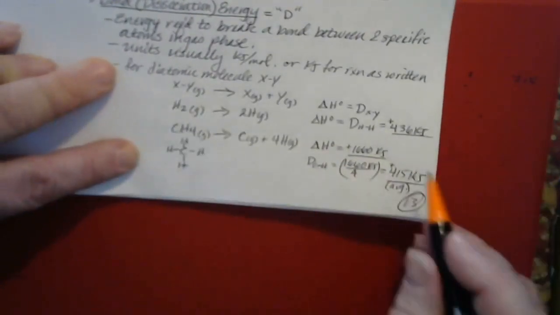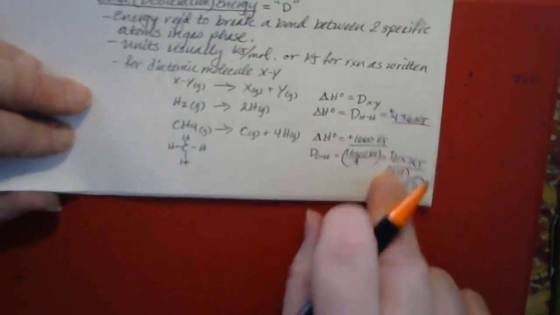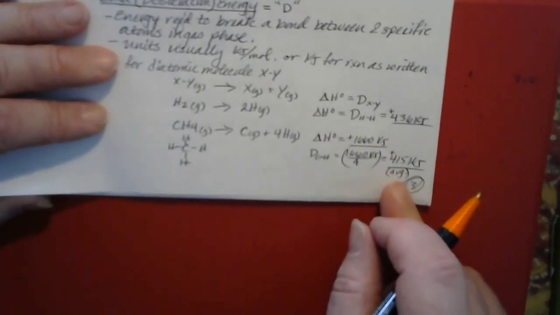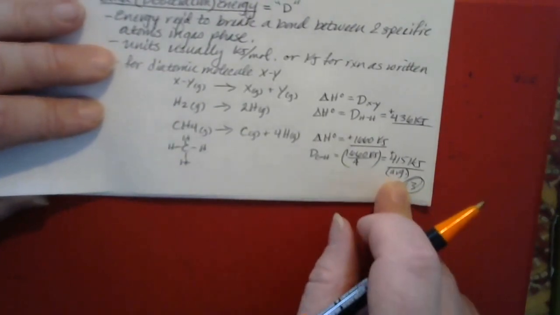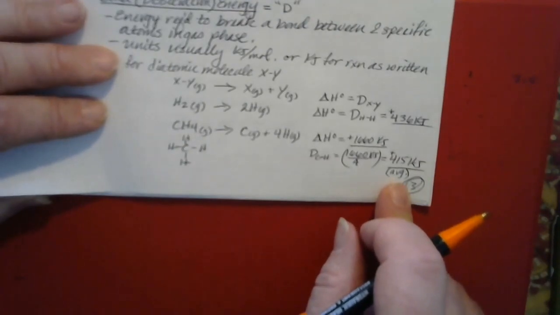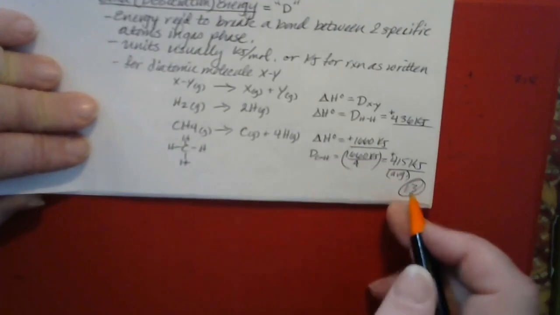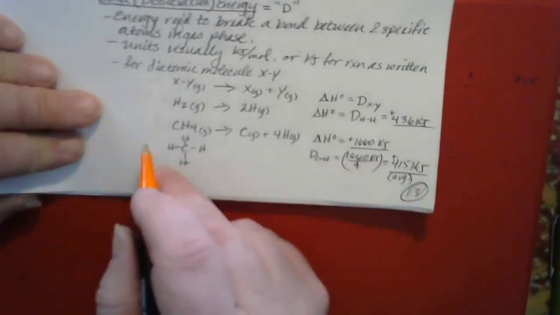And so the values that you see listed in tables for bond dissociation energies are average values. And that's why when we find the enthalpy change for an overall reaction using bond dissociation energies, the numbers are only really approximate. They're not exact, because the bond dissociation energies listed are averages.